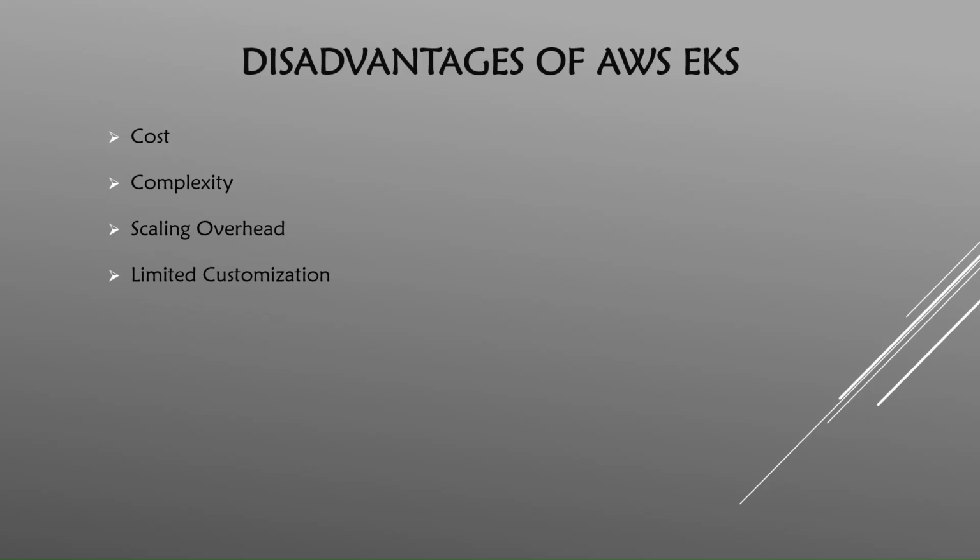Limited customization: EKS uses a managed Kubernetes control plane, which restricts certain customization. If you need specific changes or deep control over the Kubernetes control plane, it might not be flexible enough.